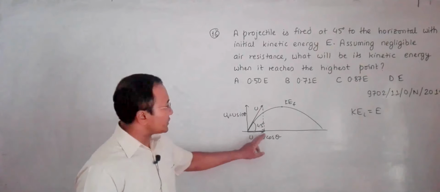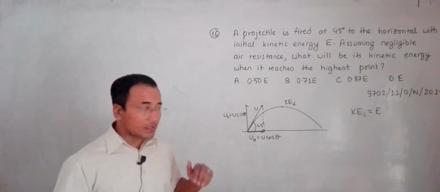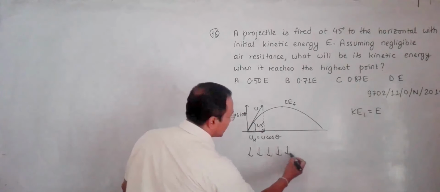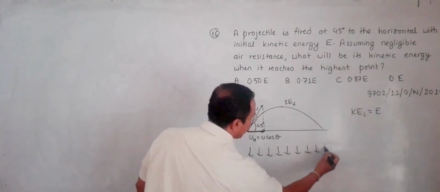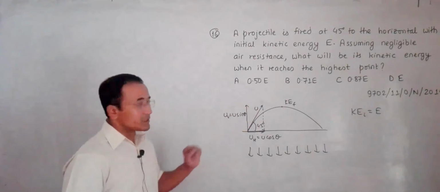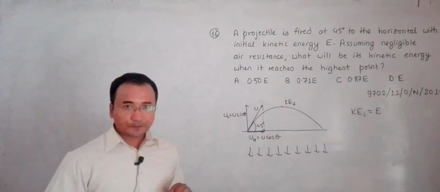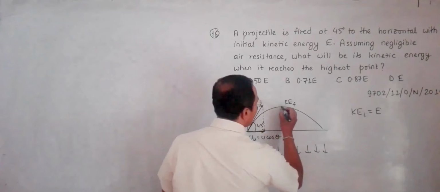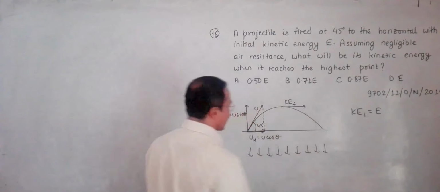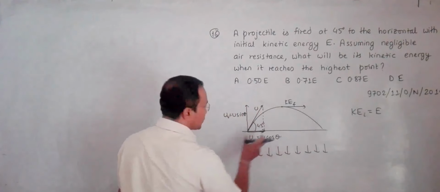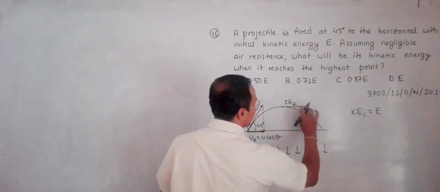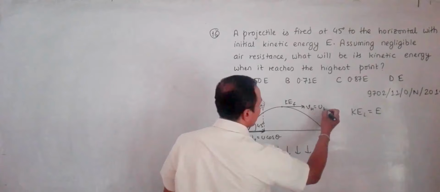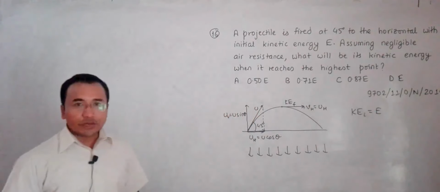So this remains constant, but the vertical one decreases because there is a vertical force on the projectile wherever it goes. This force is exactly opposite to the vertical velocity, so it must decrease. At the very top, the horizontal velocity is still there, and its value is equal to the initial one, so VH is equal to UH.